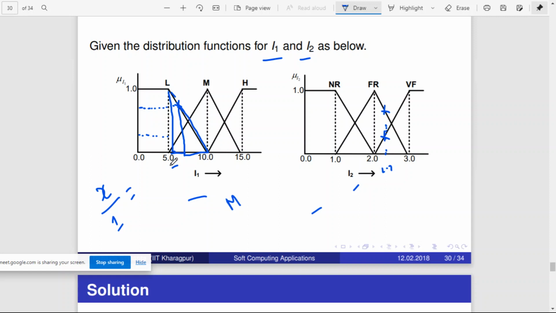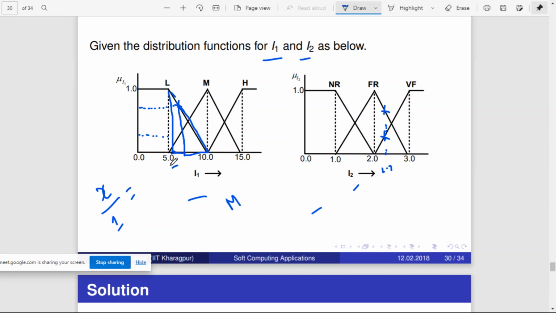So from 5 to 6, the distance is 6 minus 5, which is 1, and 10 minus 5 is 5.